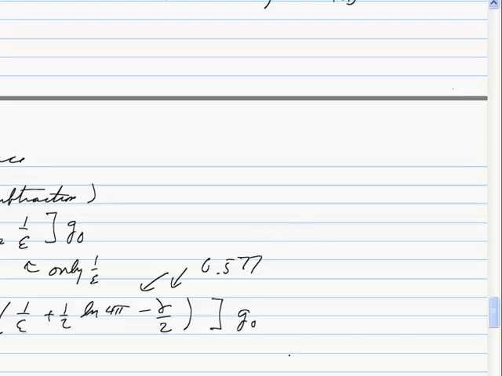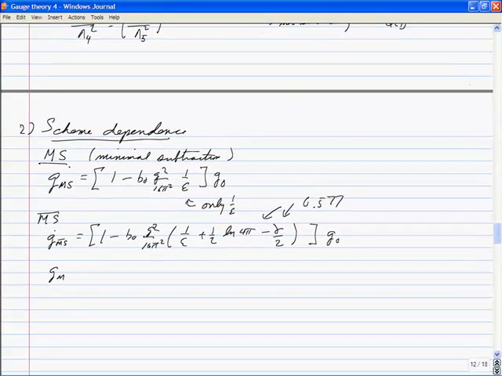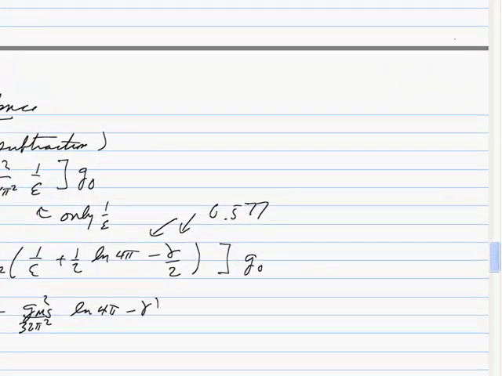And so these numbers, if you define them and measure them, they have to be different. In particular, G_MSbar is G_MS times 1 minus G_MS squared over 32 pi squared times log 4 pi minus gamma. So they're different numbers.